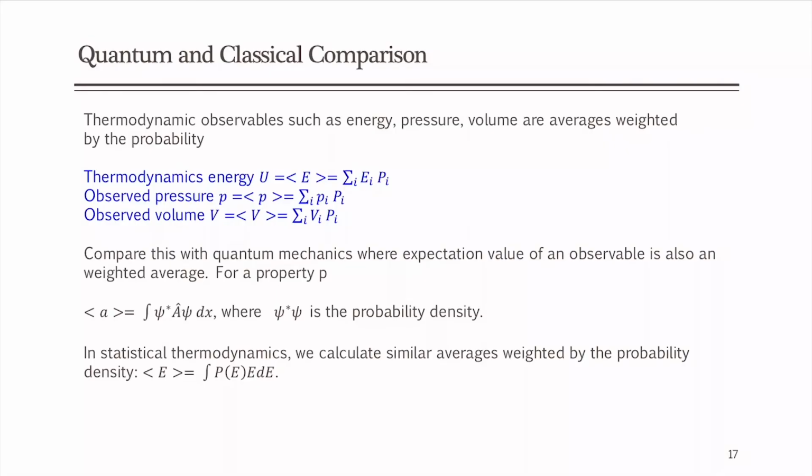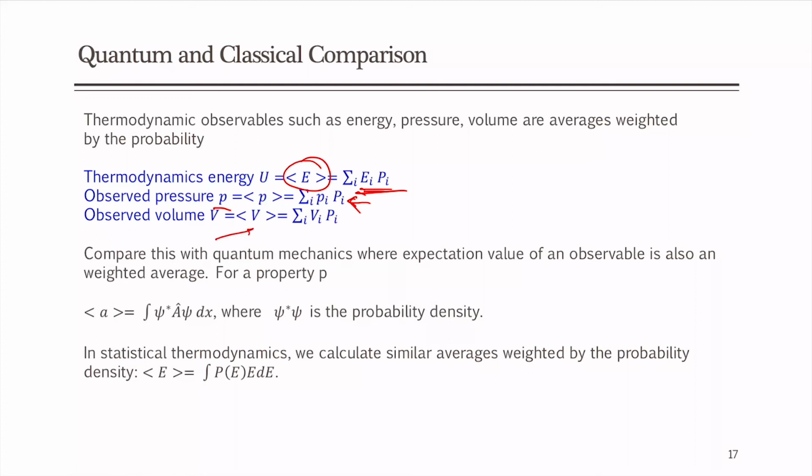Okay. So, now where is the use of this? Once we know the probability, we can use it to calculate the average values of a particular property. For example, macroscopic properties like energy are nothing but the average energy weighted by the probability. Pressure is nothing but the average pressure weighted by the probability.